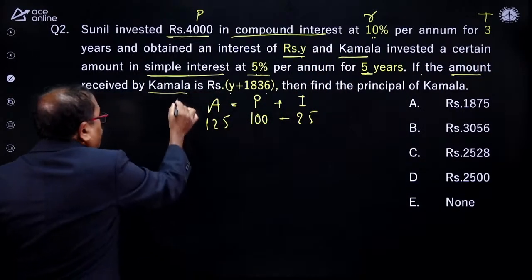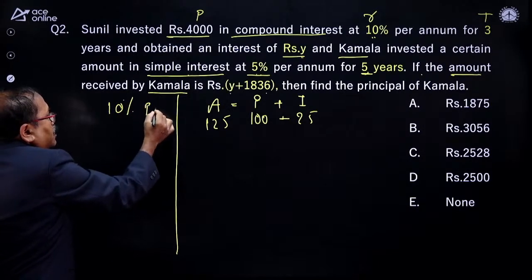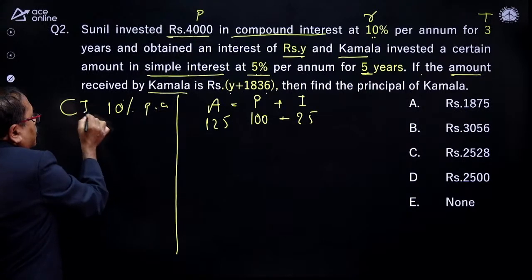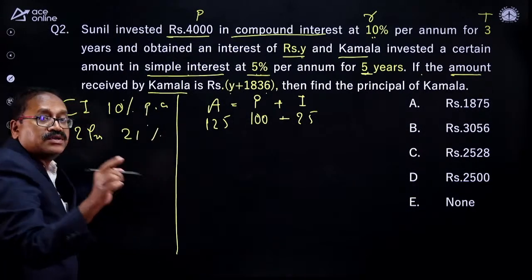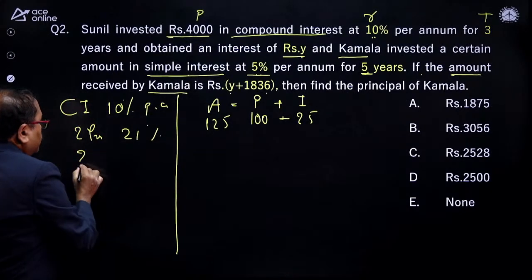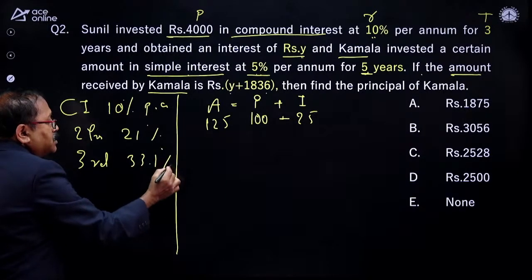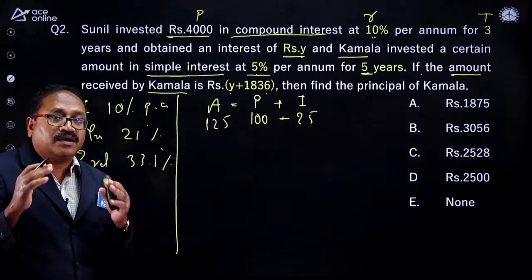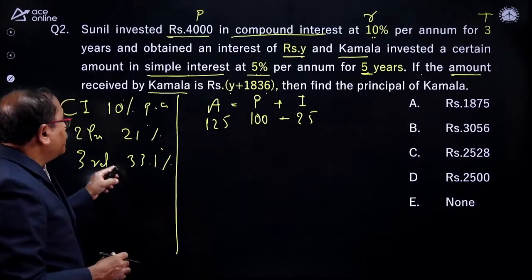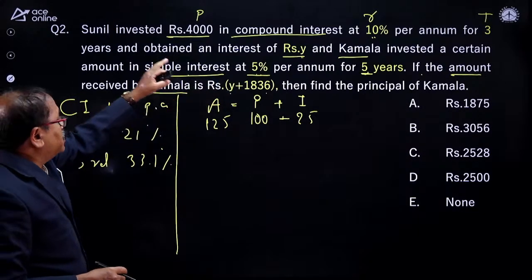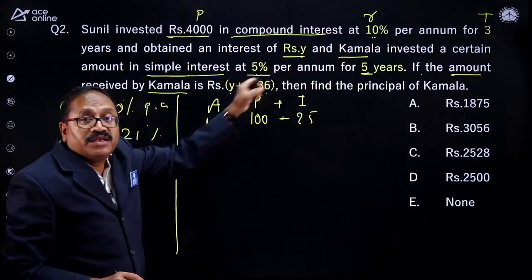You are expected to know that if the rate of interest is 10% per annum in compound interest, then for 2 years it is 21%, and for 3 years it is 33.1%. These are figures we mug up beforehand. So we know for 3 years at 10% per annum it is 33.1%. This gives us the Y value.